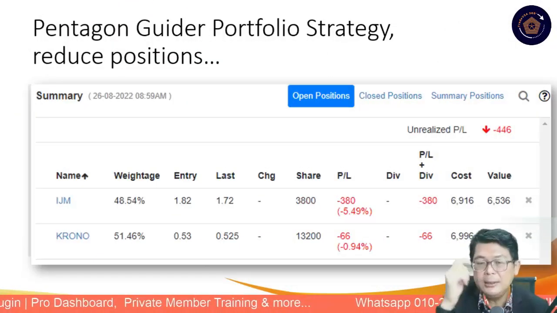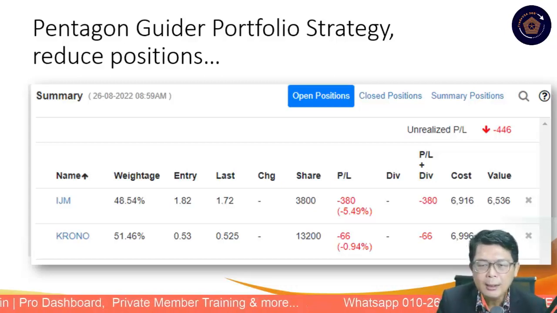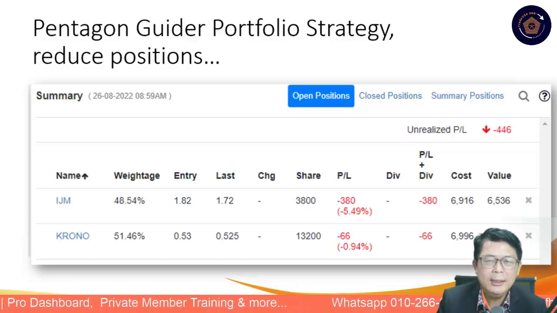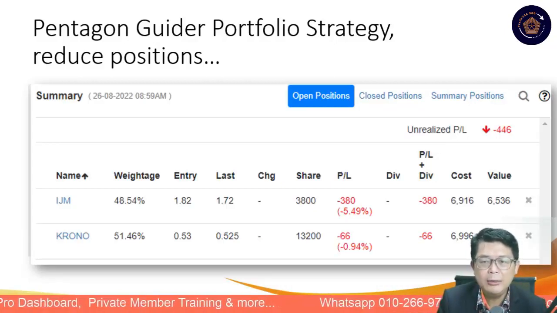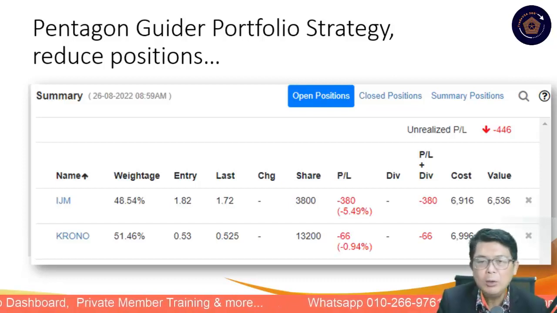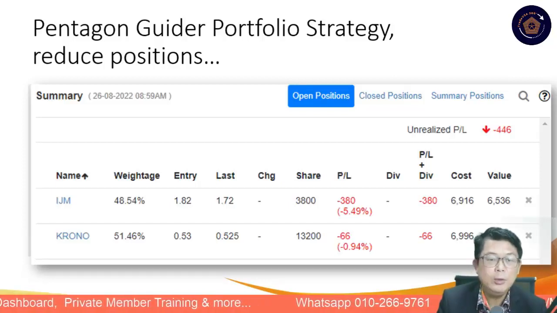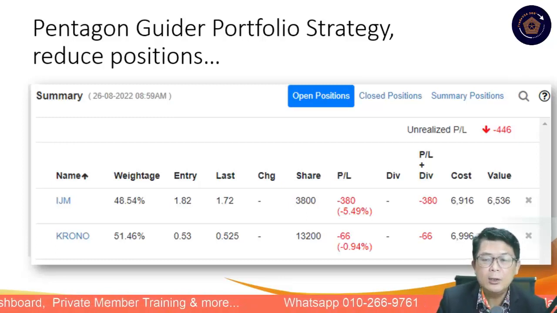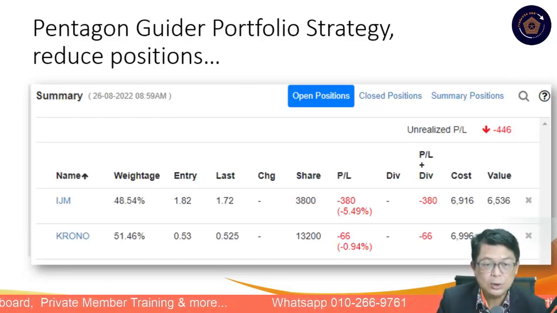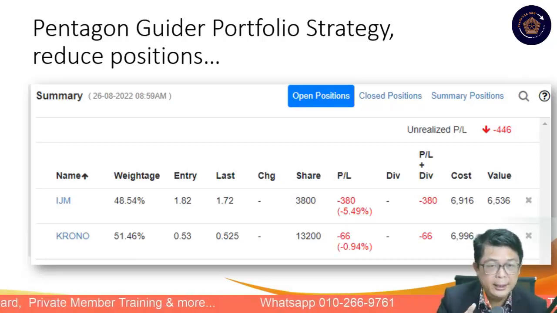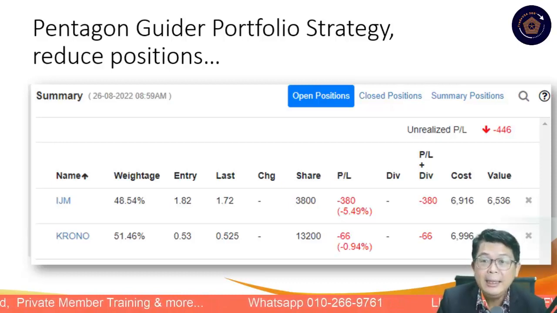Now, of course, the positions that we have so far are still, as I said before, the stocks that we have, our Pentagon real money trading in here, continue to be in a down mode. But we did take a new position, which I have not updated in here. Take note of D-Sonic. That's right, because the KLCI is green pentagon, so we have to be in the market.